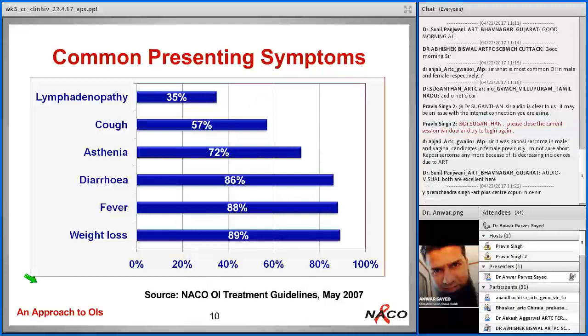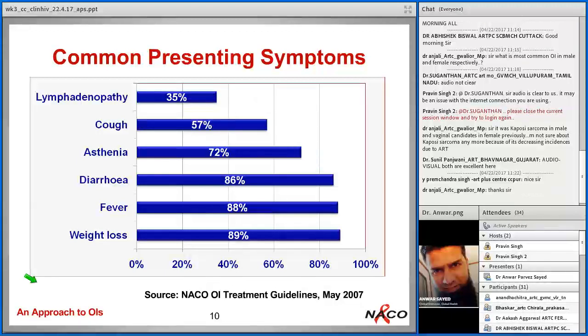In India, especially, the leading OI is tuberculosis, and in tuberculosis we have not seen that difference. It is affecting men and women both similarly. So that is my response to that.